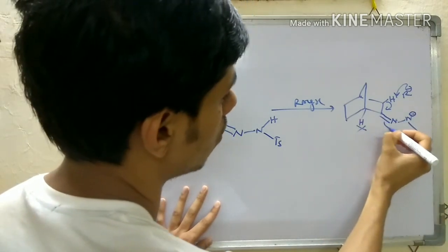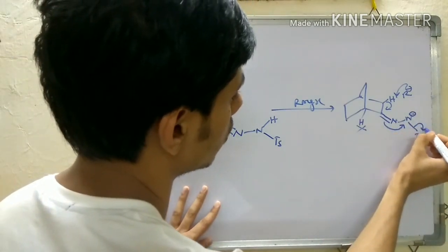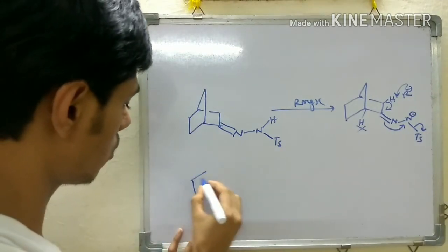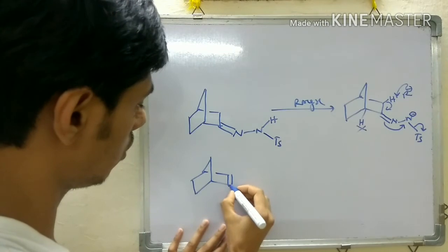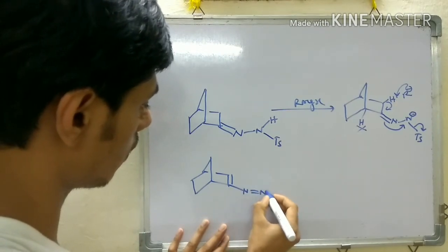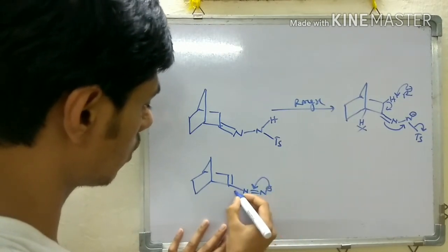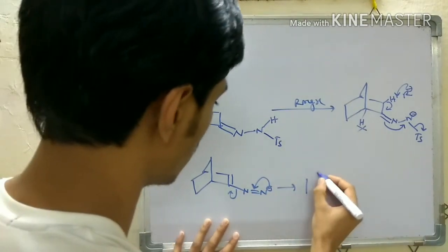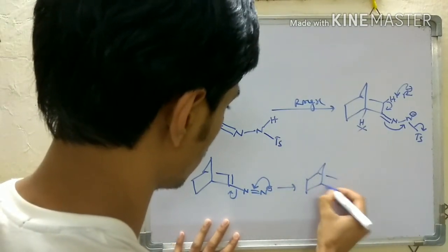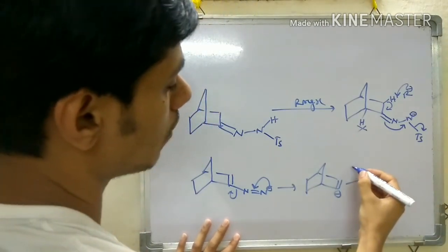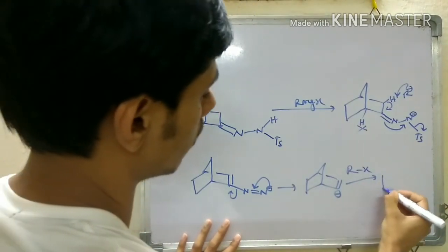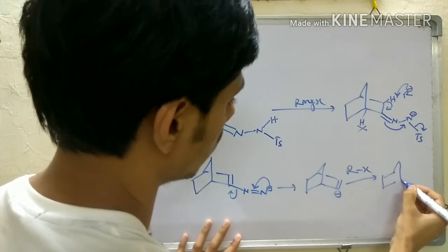Okay, so now this double bond will go here and it will go again, so you will be getting this N minus, and now when it comes back you will get this negative charge.